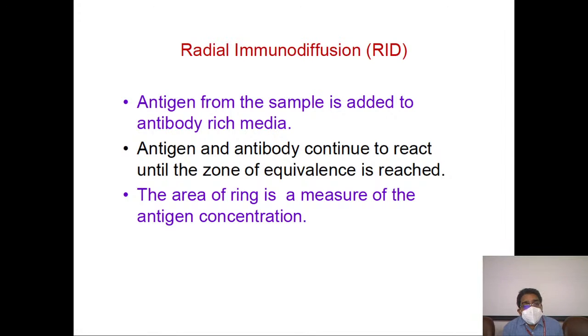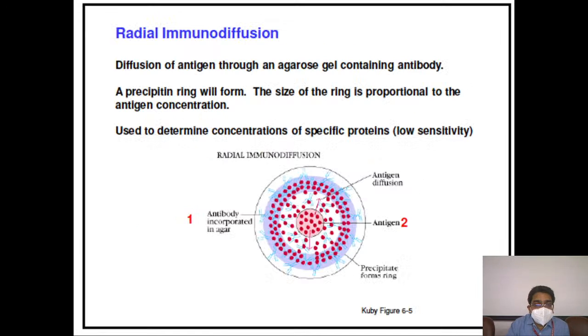Coming to radial immunodiffusion, as we will see in the diagram, the antigen from the sample is added to the antibody rich medium, and antigen and antibody continue to react until the zone of equivalence, where the optimal concentration is reached, and the area of the ring is a measure of the antigen concentration. In the center there is a well where you have added the antigen, and there is antibody incorporated agar throughout. The antigen will diffuse out and form a ring, depicted here as a blue ring.